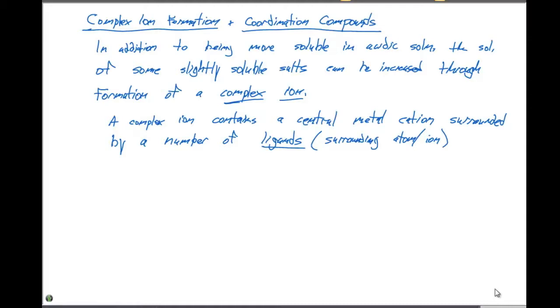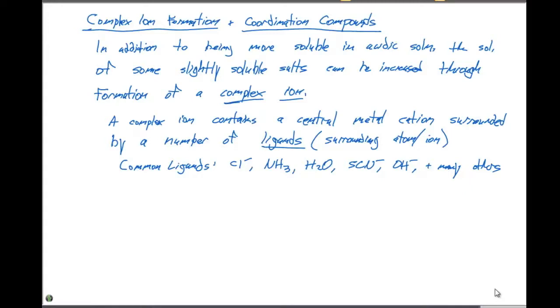We'll discuss those in great detail in the next unit, but the common ligands that we will see are Cl-, NH3, H2O, SCN-, OH-, and many others. I could probably list a couple hundred ligands. We're not going to list them all, but here are the common ones.